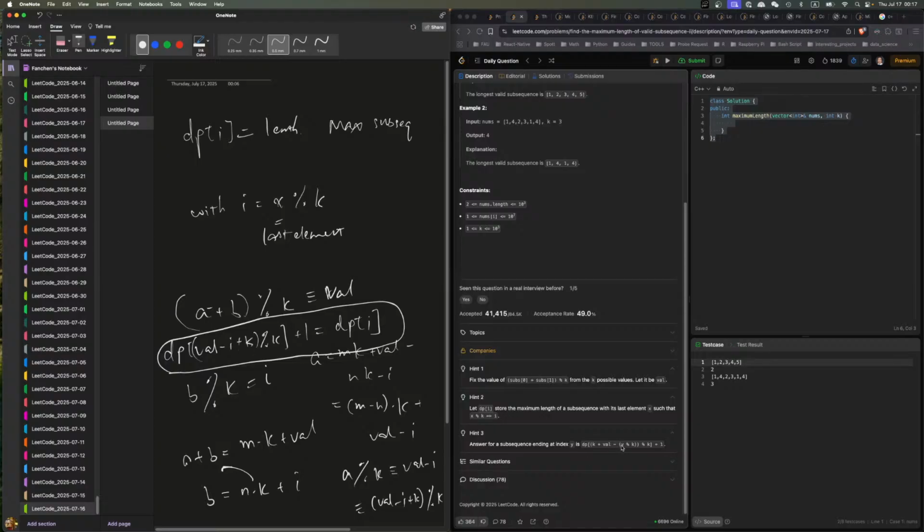I think this is wrong. I think it should be i. And plus 1 is equal to dp[i]. So to find dp[i], I need to find this. Okay, so that might be the relationship.